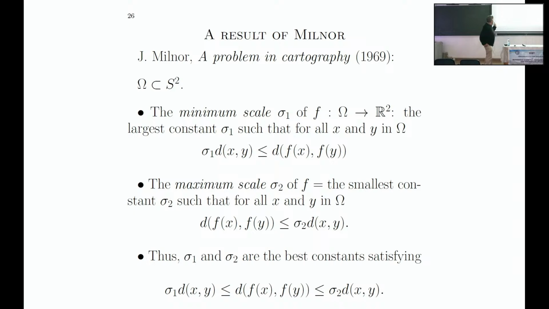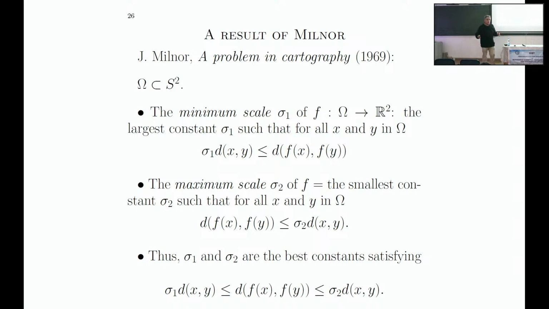So let me tell you how this distortion is defined. We have a map F from a subset of the sphere into the Euclidean plane.